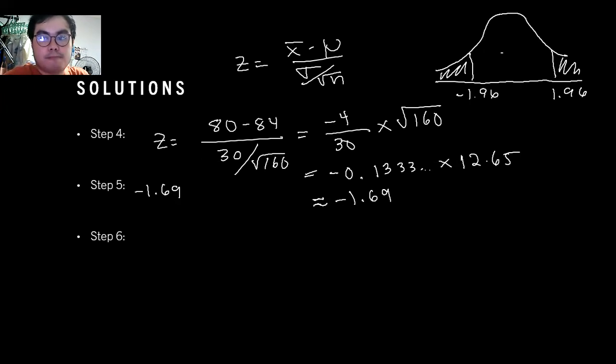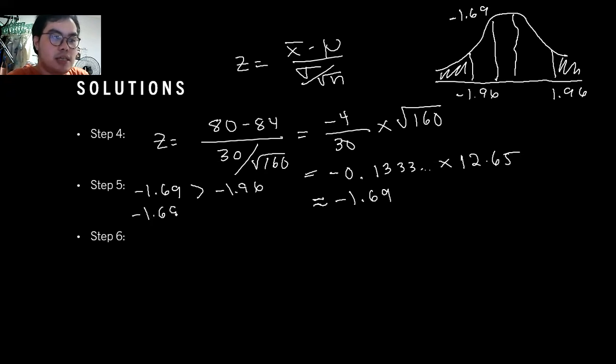Okay, so since negative 1.69 is a negative value, this is higher than negative 1.96 but lower than 1.96. So we're going to assign here negative 1.69. So it means to say that this is greater than negative 1.96.